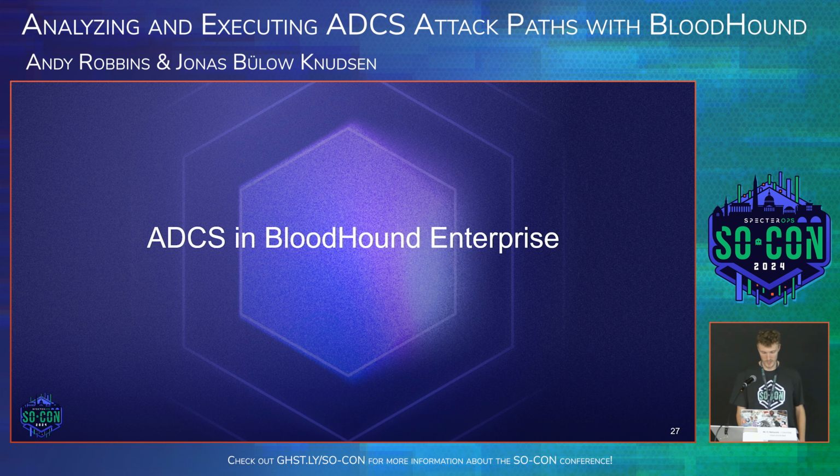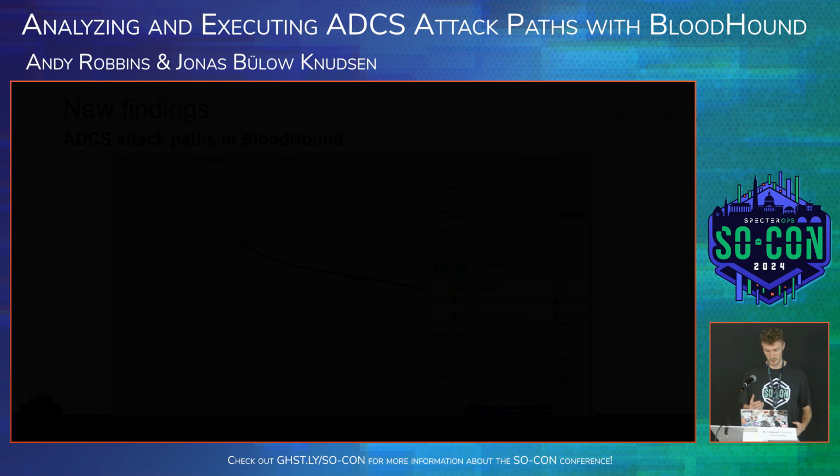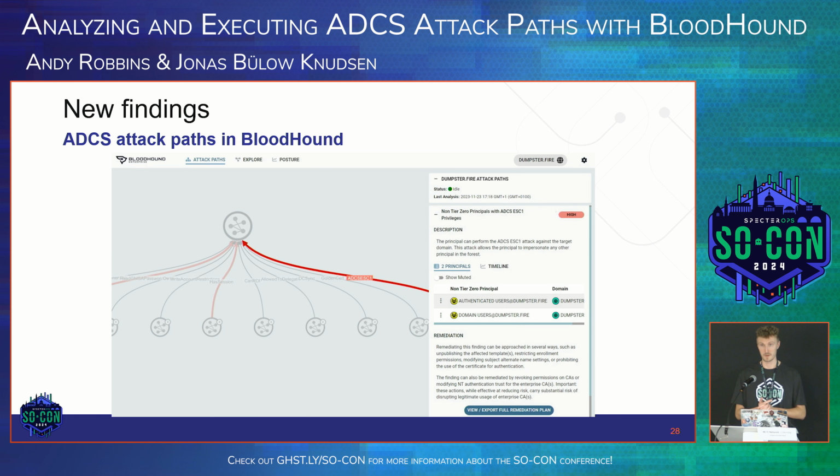Yeah, so we have also introduced a couple of things in BloodHound Enterprise. In BloodHound Enterprise, we have the same nodes and edges as you have in the open source version. What we do have in BloodHound Enterprise is findings. So as a BloodHound Enterprise customer, you don't have to look for these edges.